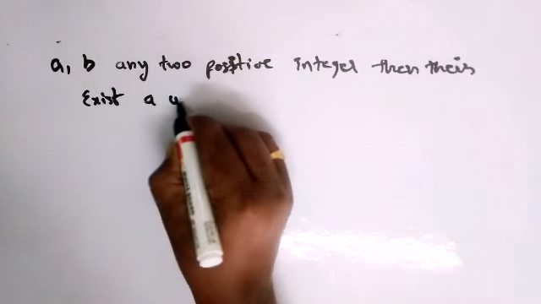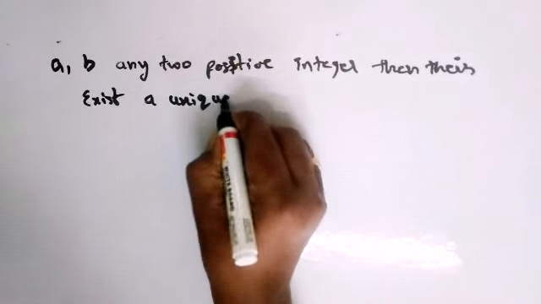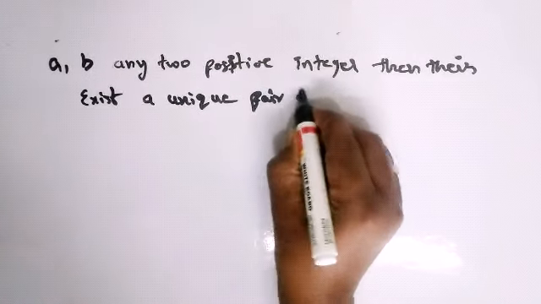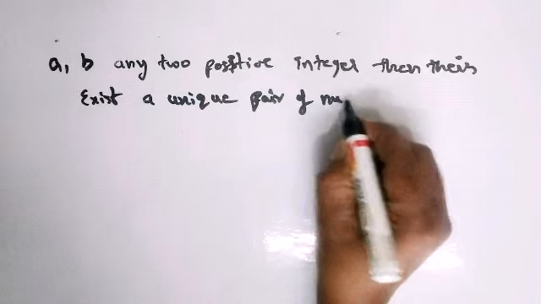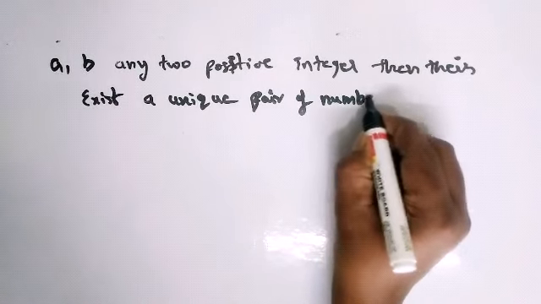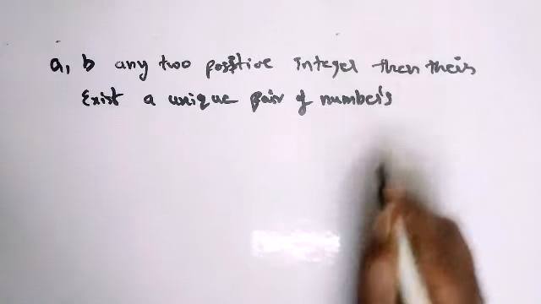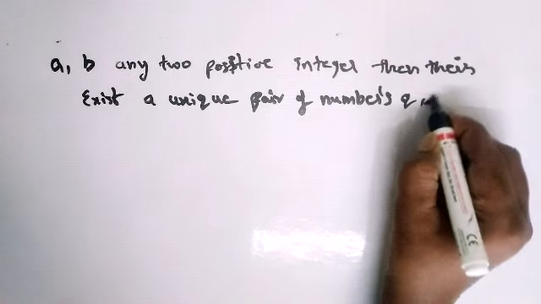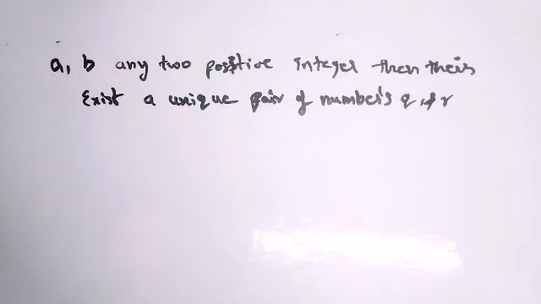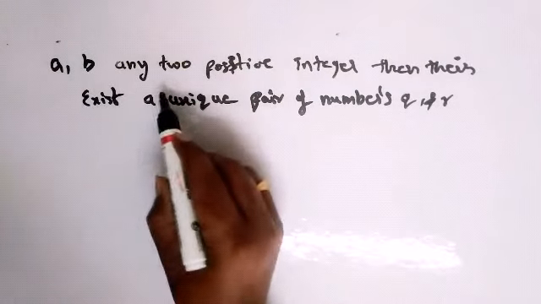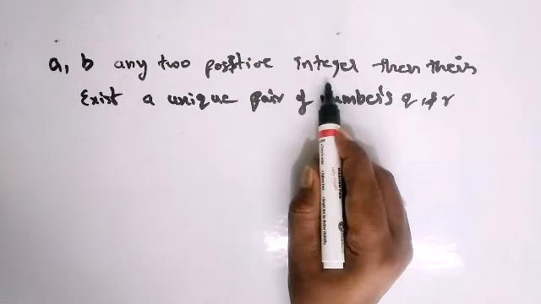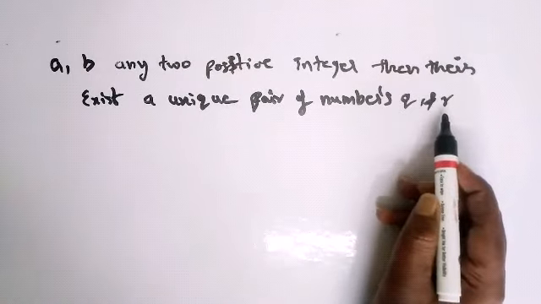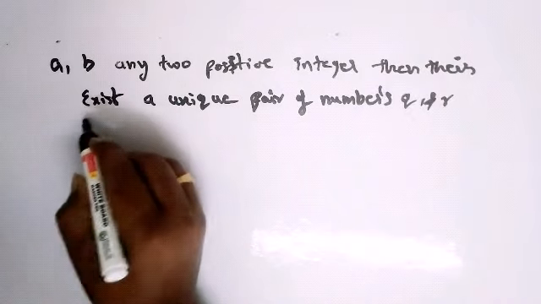A unique pair means a unique pair of numbers which are whole numbers, q and r. If a, b are any two positive integers given, then there exists a unique pair of numbers q and r which are whole numbers.